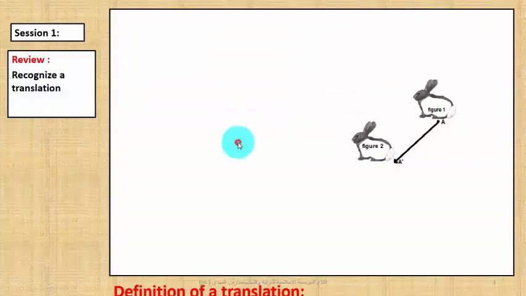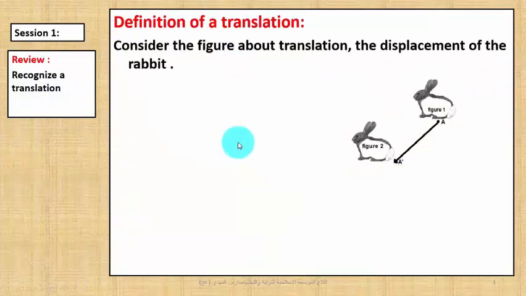Look to the figure here. Definition of a translation. Consider the figure about a translation, the displacement of the rabbit. Displacement is the movement from one place to another. Look for the rabbit. It is at figure 1 here. It moves to figure 2. This is the displacement.